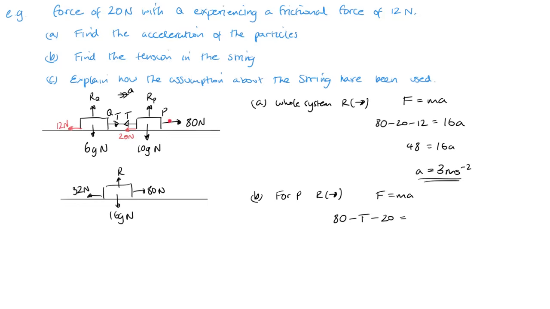I'm just considering this 80 forward and there's T and 20 going backwards. And then that is 10 kilograms and a is 3. So 60 minus T equals 30. T is equal to 30 newtons.